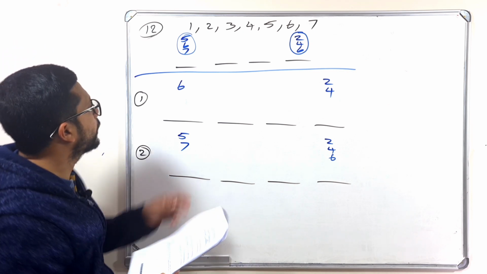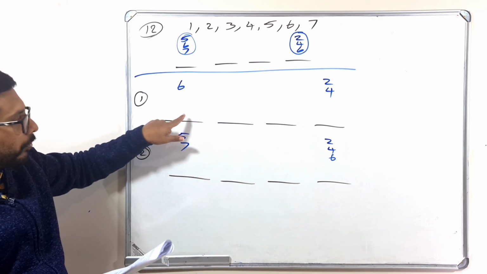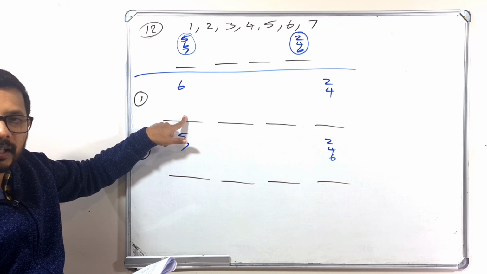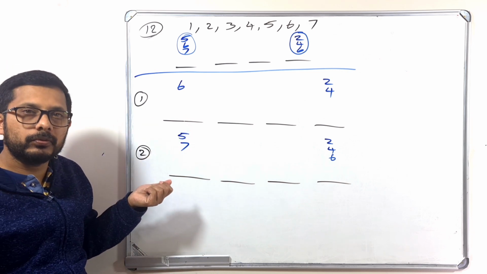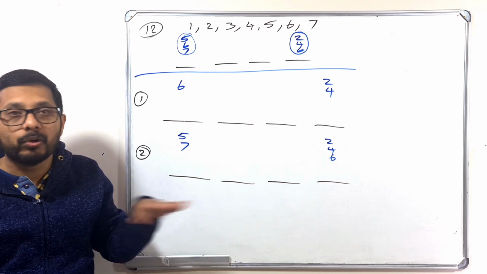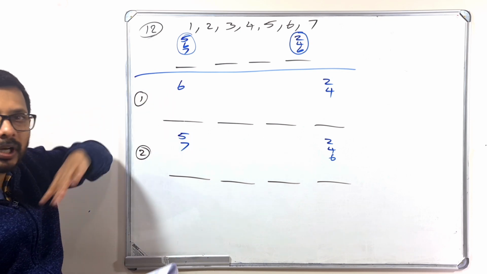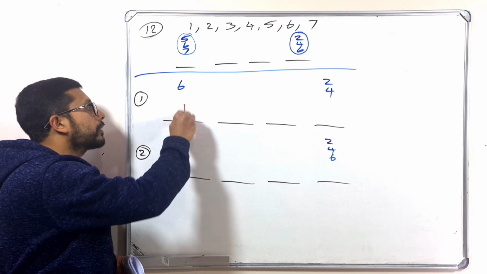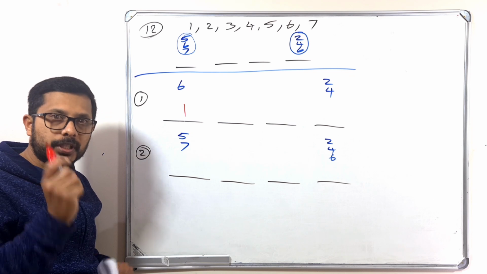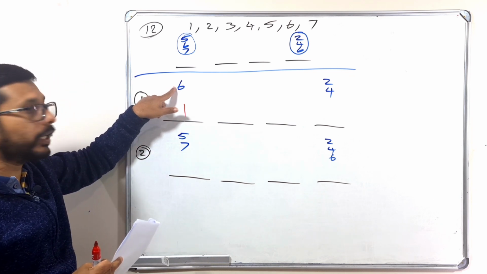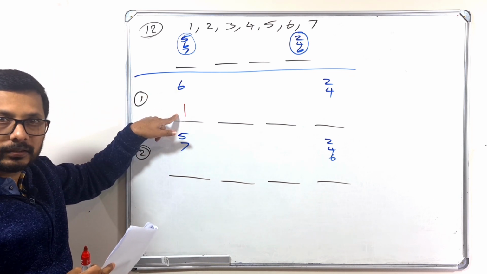Okay. So now look at this one. Here for this position, how many options I have? I don't have any options. I want to write this 6 here. That means I don't have any option. Only one option. You understand?